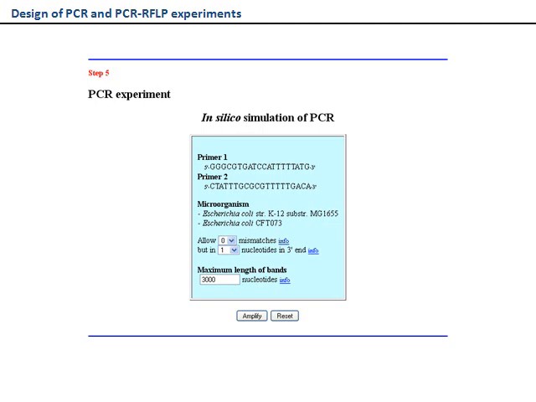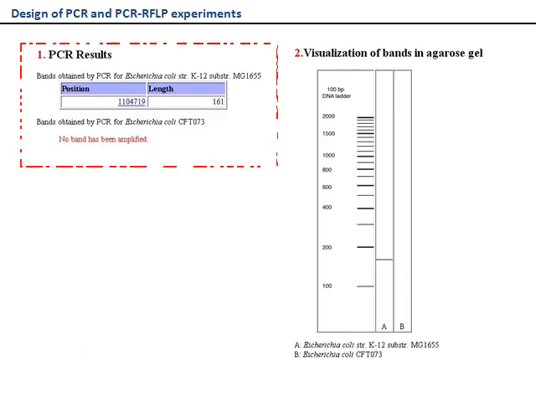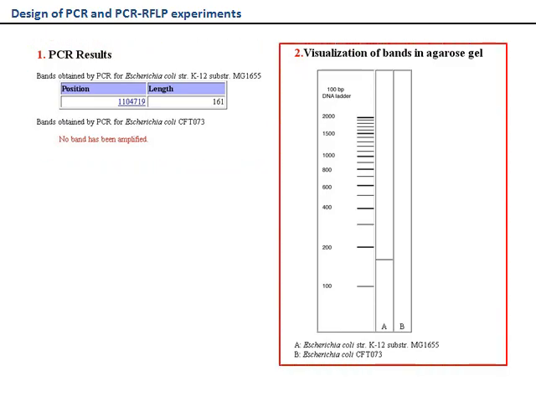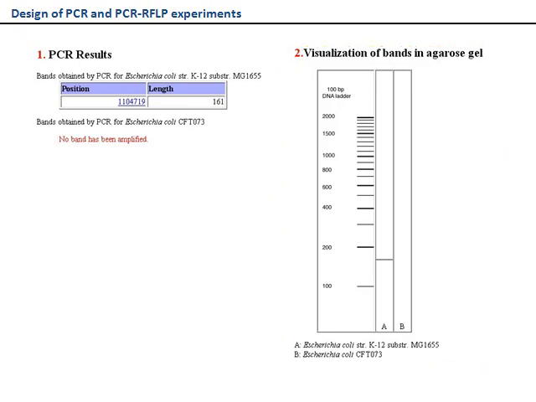In this example, the PCR amplification will be performed with default stringency values, that is, without allowing mismatches. The PCR results are shown as text, and also shown as a simulation of the band pattern after electrophoresis in agarose gel. This experiment, which did not allow mismatches between primers and target DNA, obtained amplification of E. coli K12.